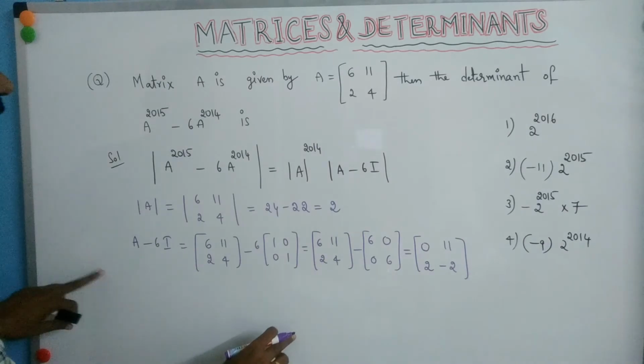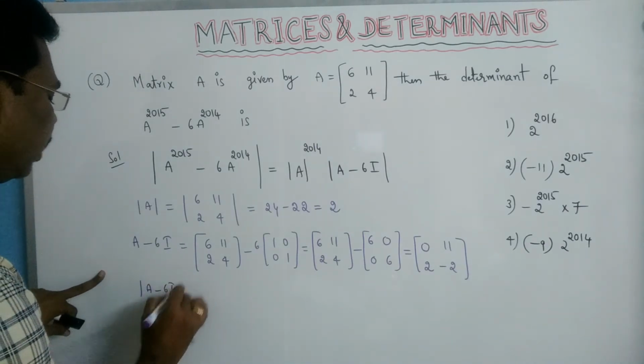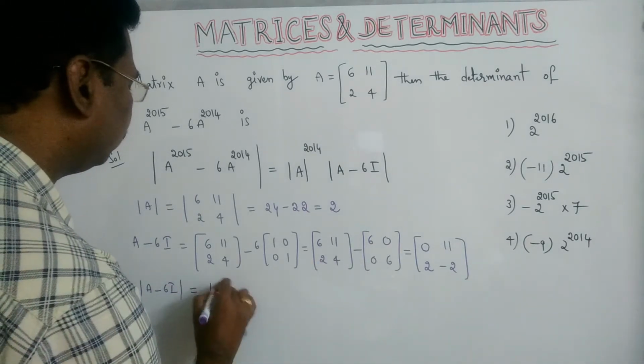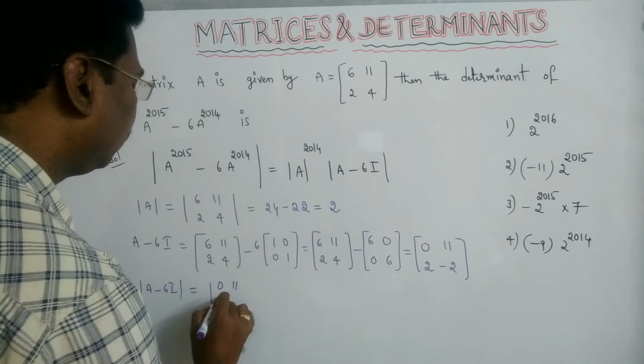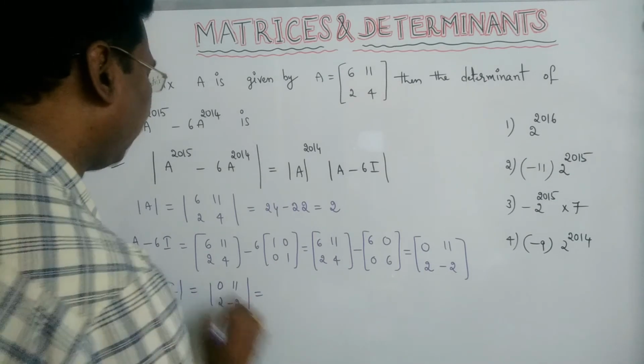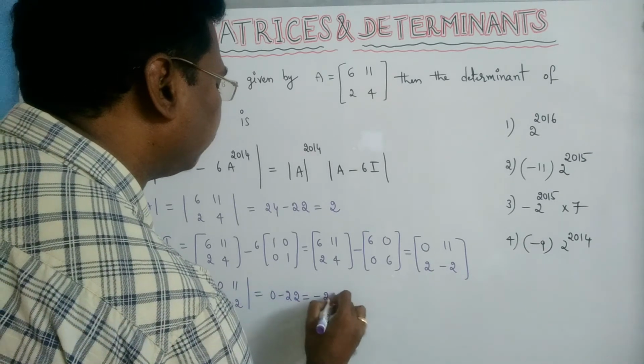Now det of A minus 6I is equal to 0 minus 22, which is equal to minus 22.